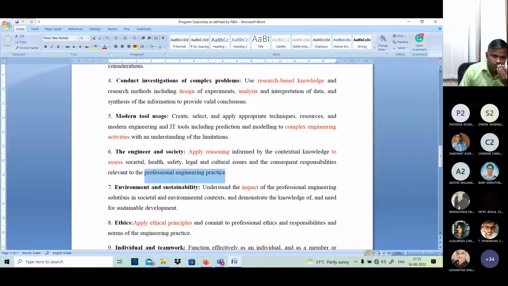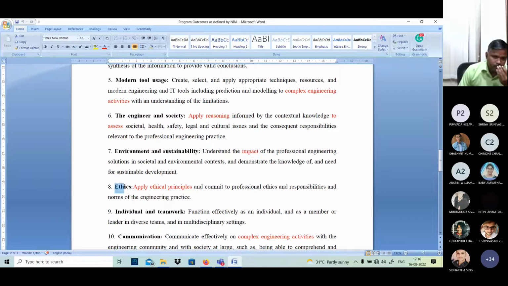That is the thing. And seventh program outcome, he should design the solutions, whenever he is creating the models or prototype or designing the solutions or algorithms, that should not affect the environment, and also that should be sustainable.